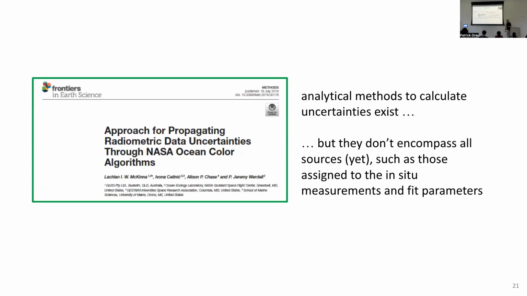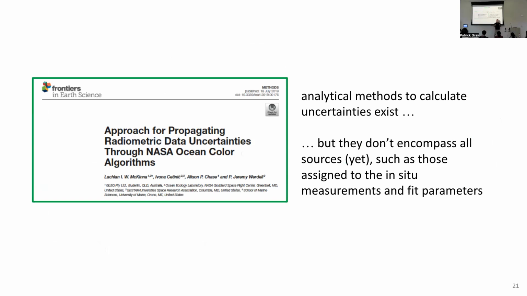Good news is you have some tricks that you can put uncertainties on all of this. If you become a NASA proposer, trust me, if you don't put an analytical method to calculate uncertainties into your proposal, the panel will not look favorably on you. Fortunately, there's some work out there that actually can do the analytical solution for you. But again, I think we are this week talking more about uncertainty as well.